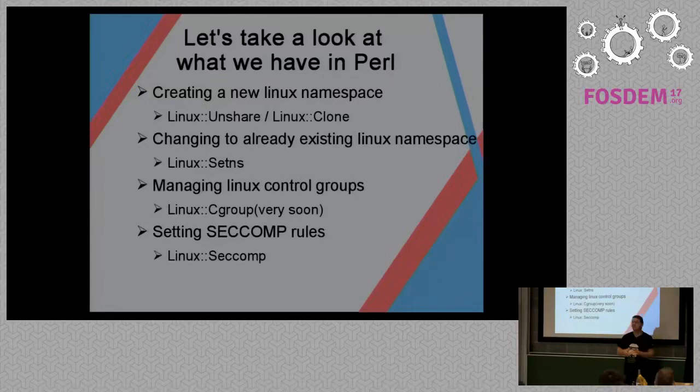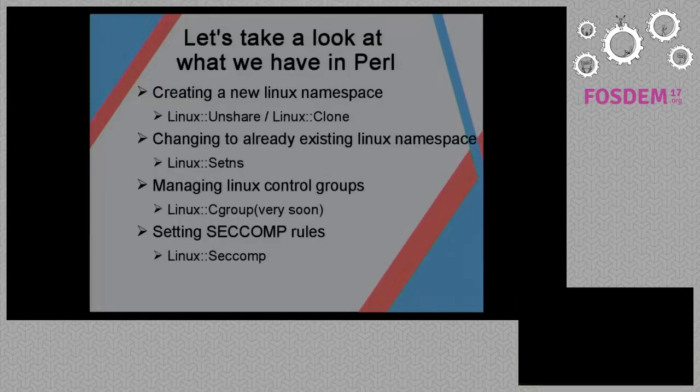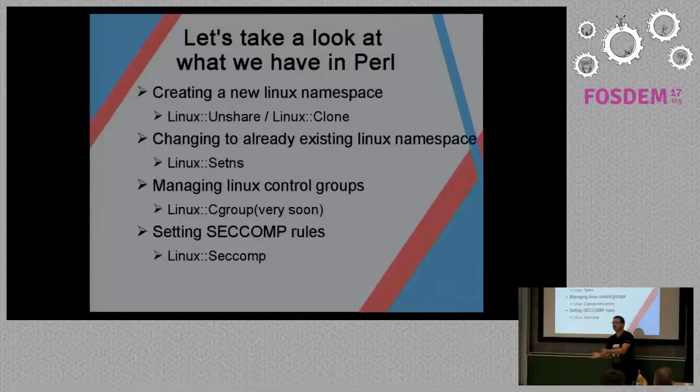If you want only to enter a namespace, like you already have 10 containers on your machine, what you want to do is enter one of those containers, like only its network namespace or IPC namespace, and execute some command like connecting to the socket of MySQL inside of that. You can use Linux setns, and these are very, very easy.